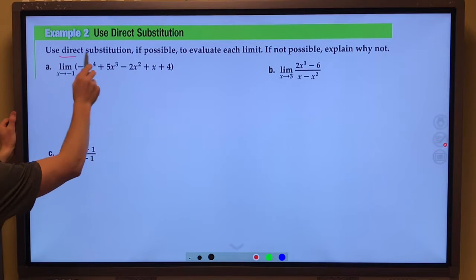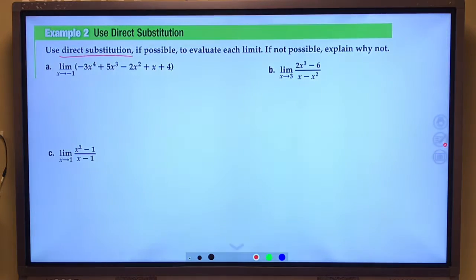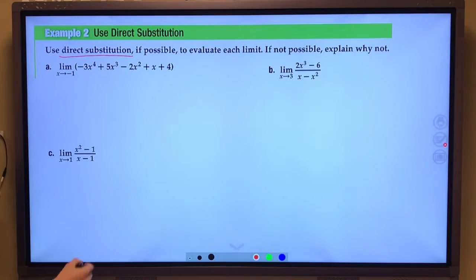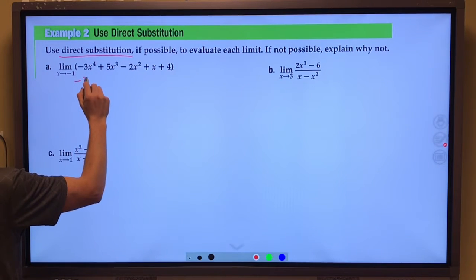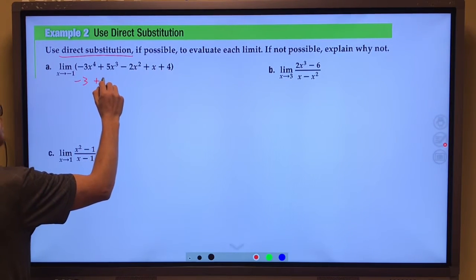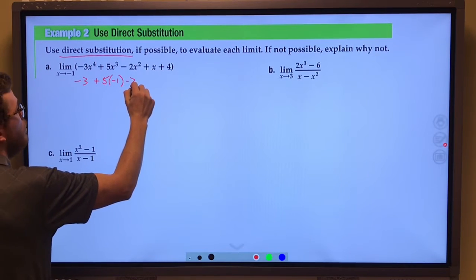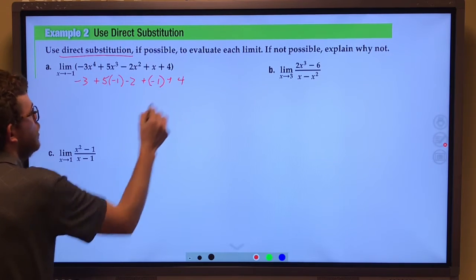It says use direct substitution to evaluate, and if it's not possible to use direct substitution, we're going to explain why. So this is a polynomial. Direct substitution definitely works. If I plug in a -1, this gives me -3 plus 5 times a -1 minus 2 plus a -1 plus 4.